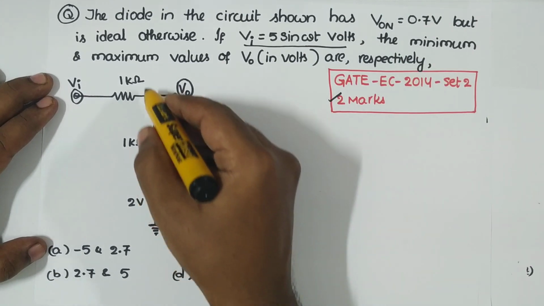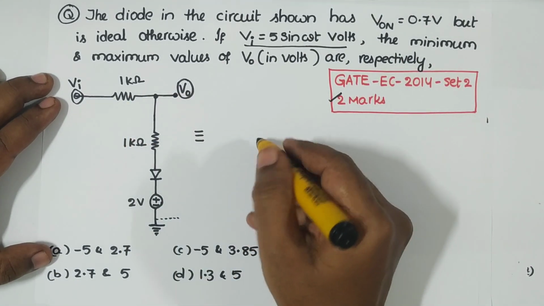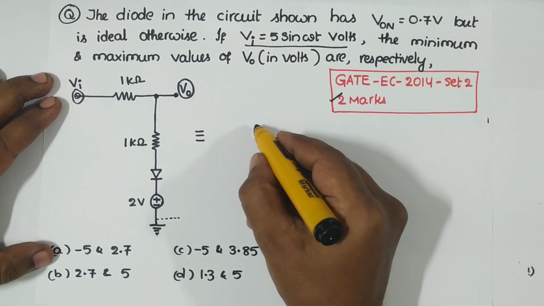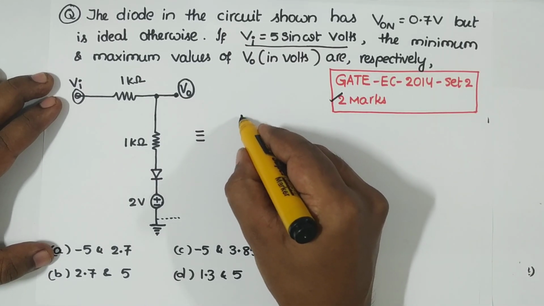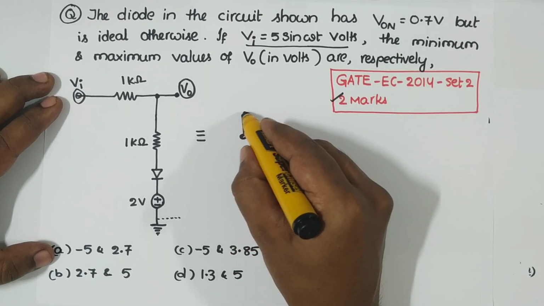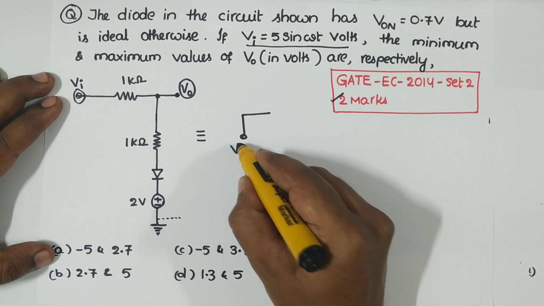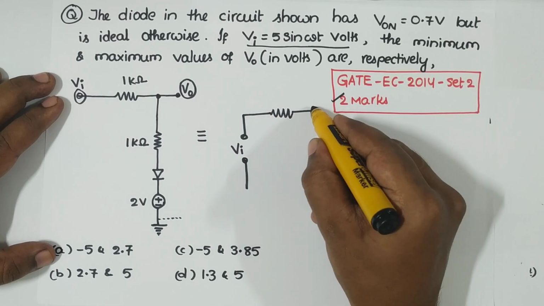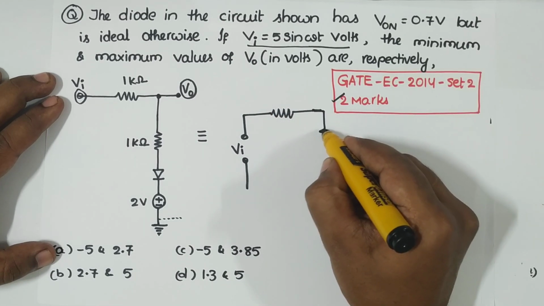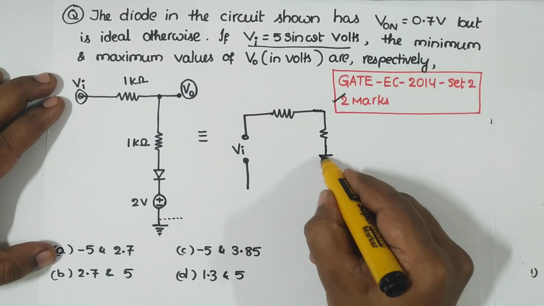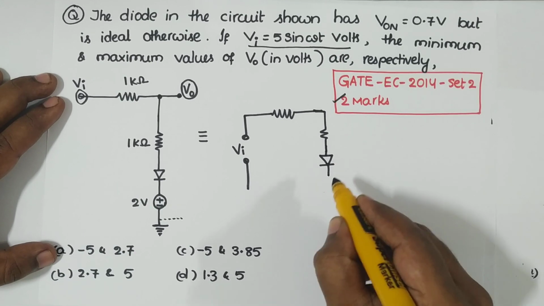So this circuit is identical to this. Let me redraw this circuit to make things simple. I have Vi here, then 1 kilo ohm, and this one is again 1 kilo ohm. The on voltage is given as 0.7, so we will decide this.